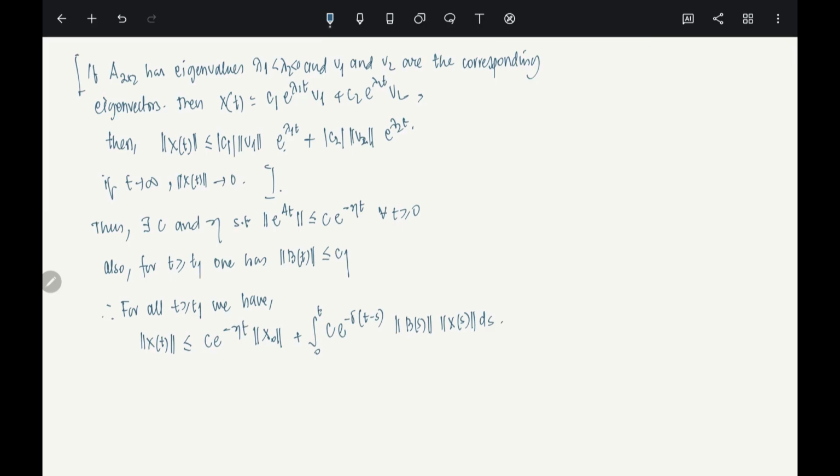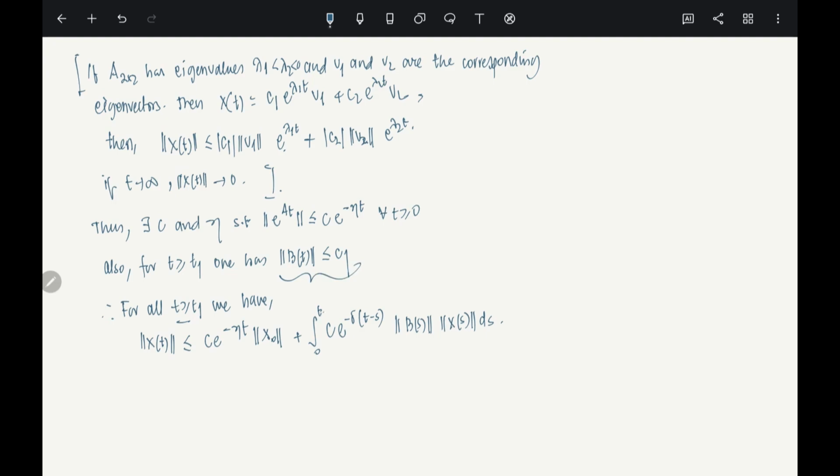Maybe I have to break it up, because I only have this estimate for t greater than t1. I will need a different estimate for t less than or equal to t1.